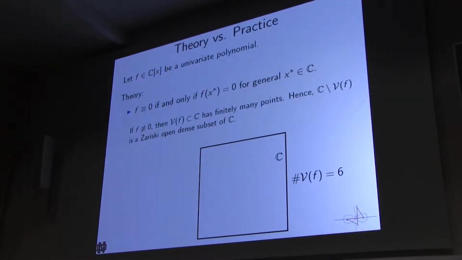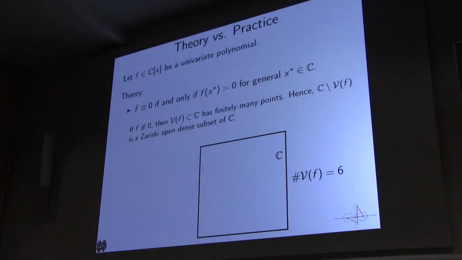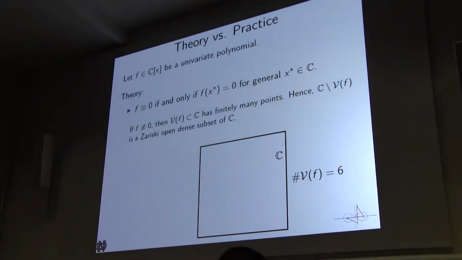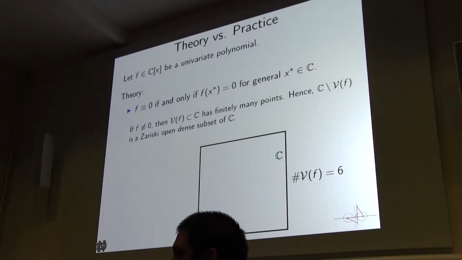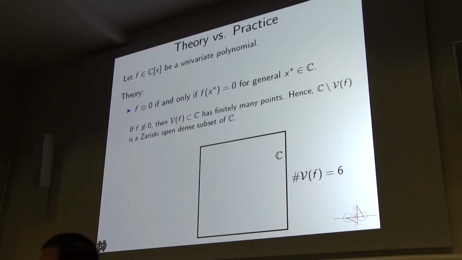Suppose I have a univariate polynomial, and I want to test whether it's identically 0 or not. Is this the 0 polynomial? Theory says that if I can pick a general x star in the complex numbers and evaluate my function there, and if I get 0, then that's an equivalent statement. So I have the 0 polynomial if and only if I evaluate at a general point and get 0.